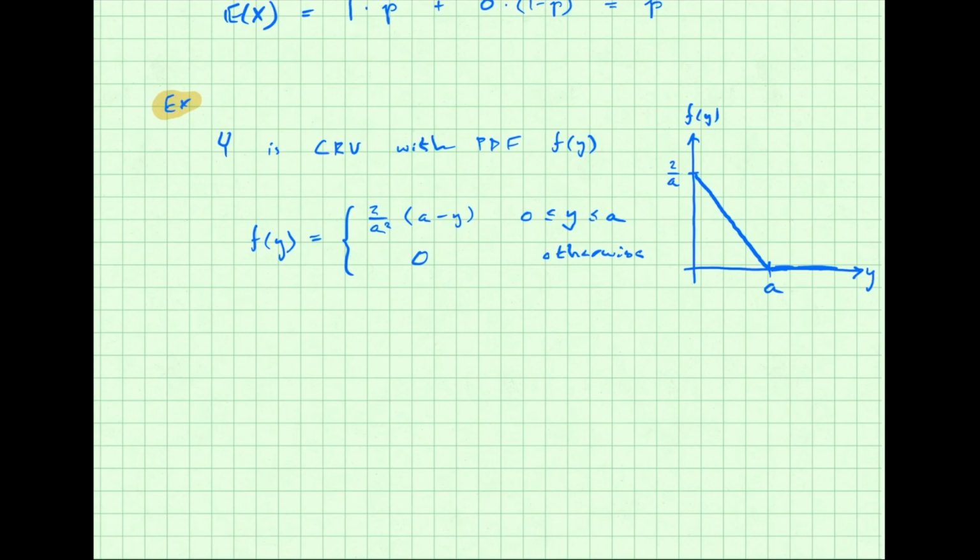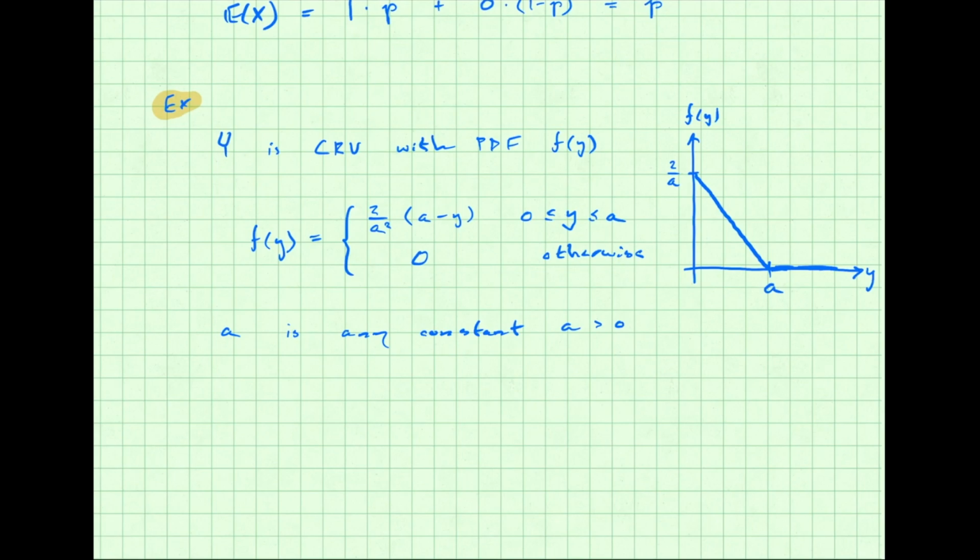Here a is a constant, but it's any constant. I guess it has to be a positive one. What do we have to make sure that this is always positive? It just has to be that a is positive. So then this thing works.